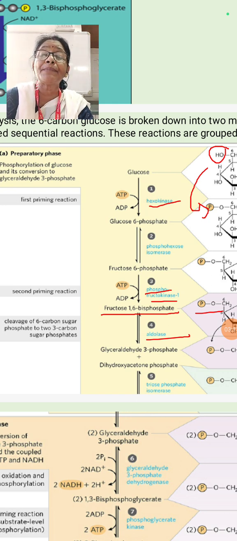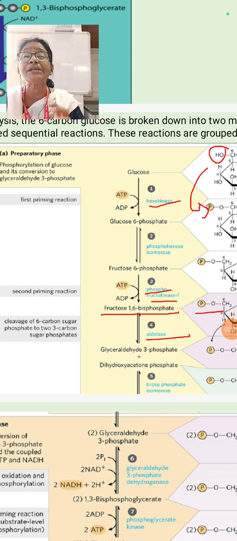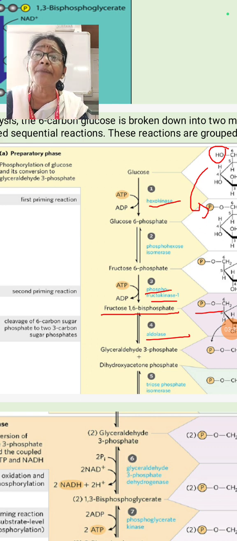This is a preparative step because here energy is required. It is an energy utilizing step. The 6 carbon glucose molecule is converted into two 3 carbon molecules, glyceraldehyde 3-phosphate and dihydroxyacetone phosphate. Why do we refer to this as the preparative step? It is preparation for the energy release.